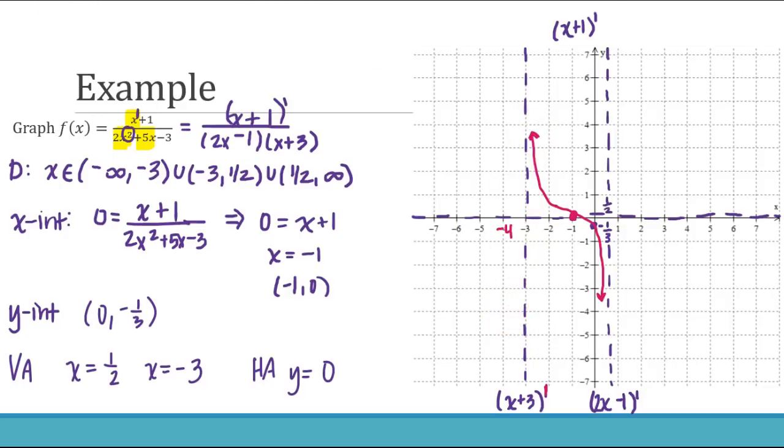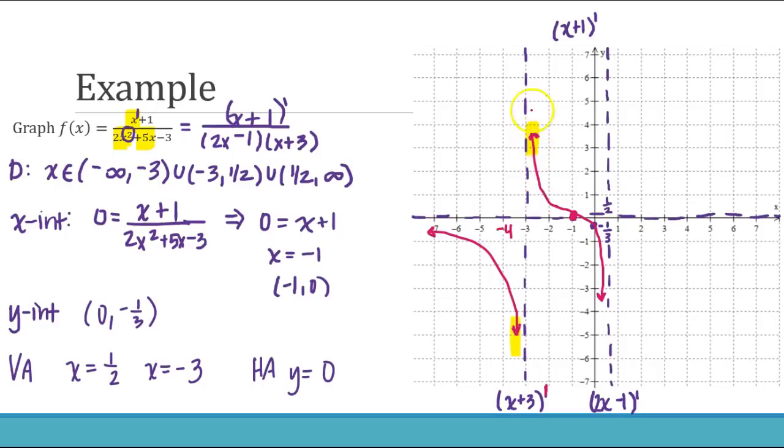So one side went up here, and the other side would have to be heading towards negative infinity. So that means that it would have to be that version that was below the x-axis and still approaching each of those asymptotes. So it would have to be this version here.